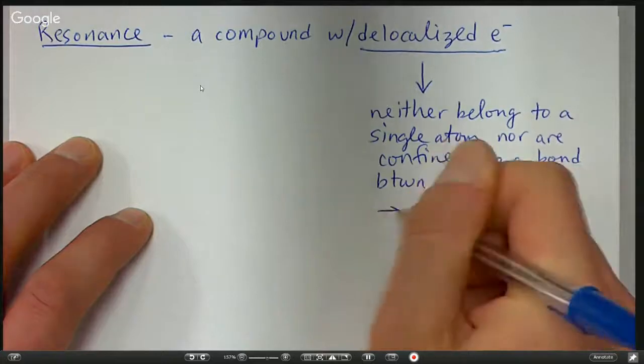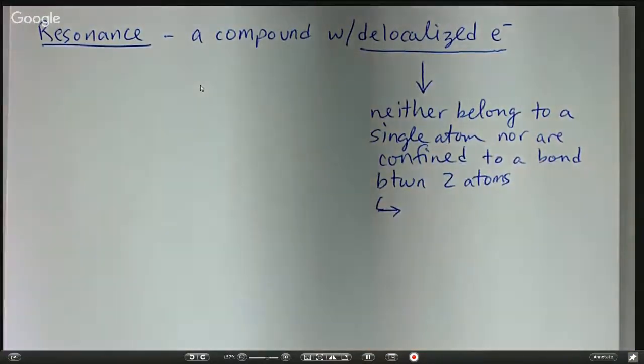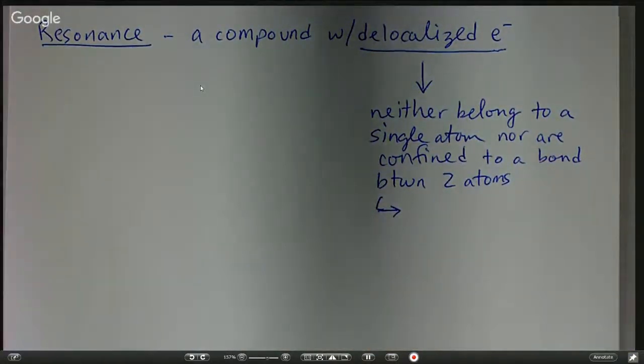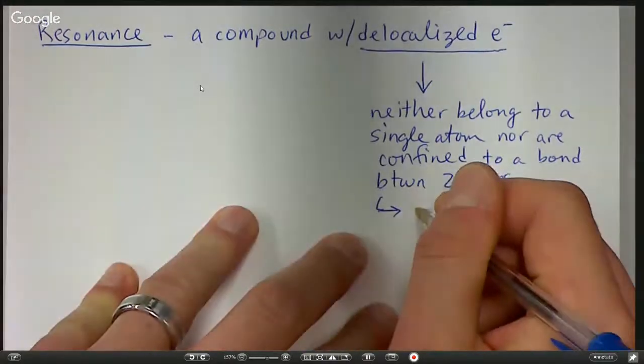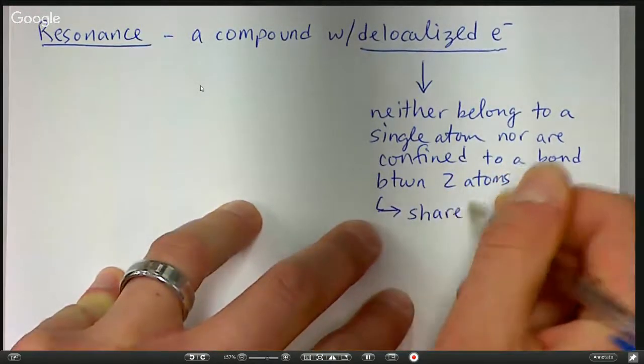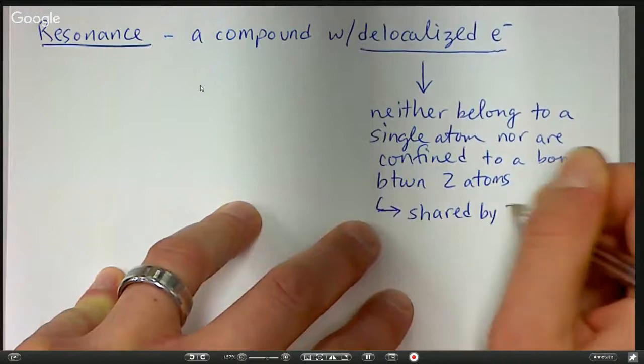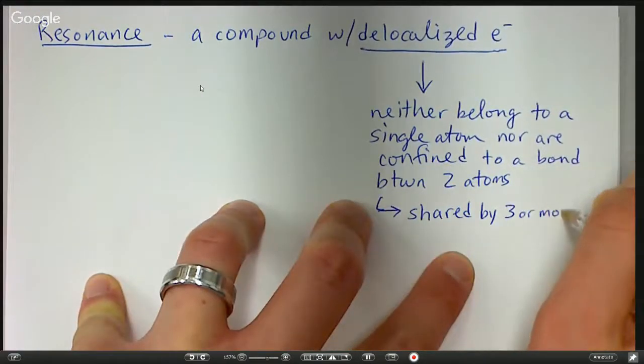Okay, so these are delocalized electrons. They neither belong to a single atom, nor are they confined to a bond between two atoms. So what this reveals is that these are electrons shared by 3 or more atoms.